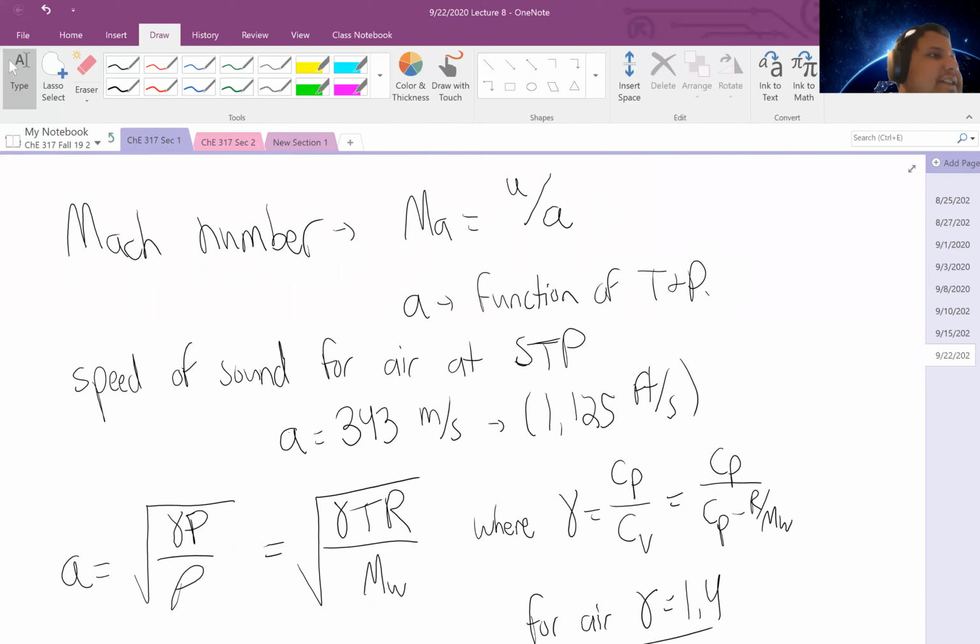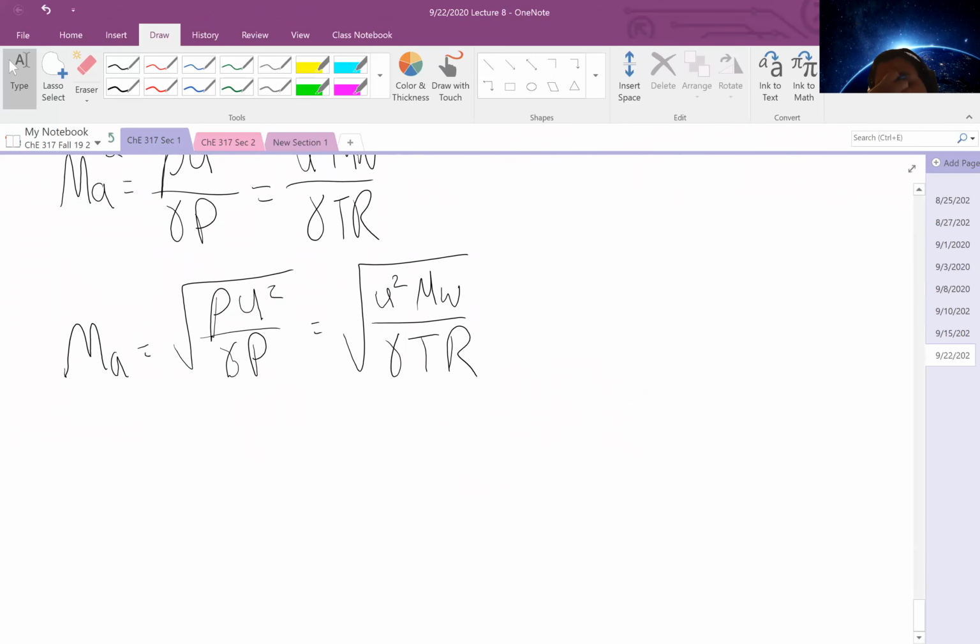And so, as you can imagine, for fluids with a low Mach number, we can consider them to behave as incompressible fluids. For fluids with a quote-unquote appreciable Mach number, we must consider them as compressible fluids, and that the density and velocity fluctuations will be significant in determining the energy associated with the fluid as it moves through its system.